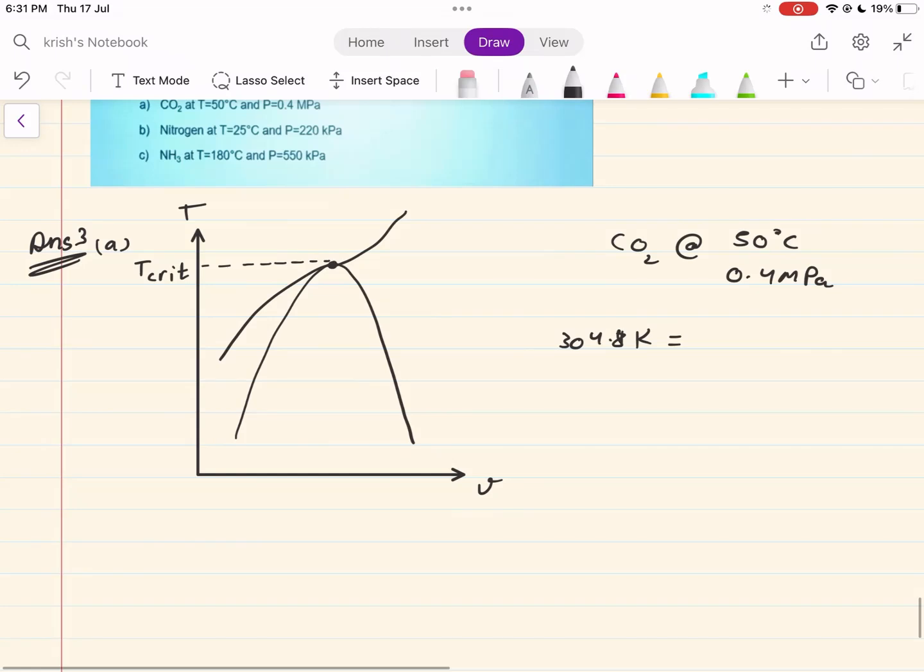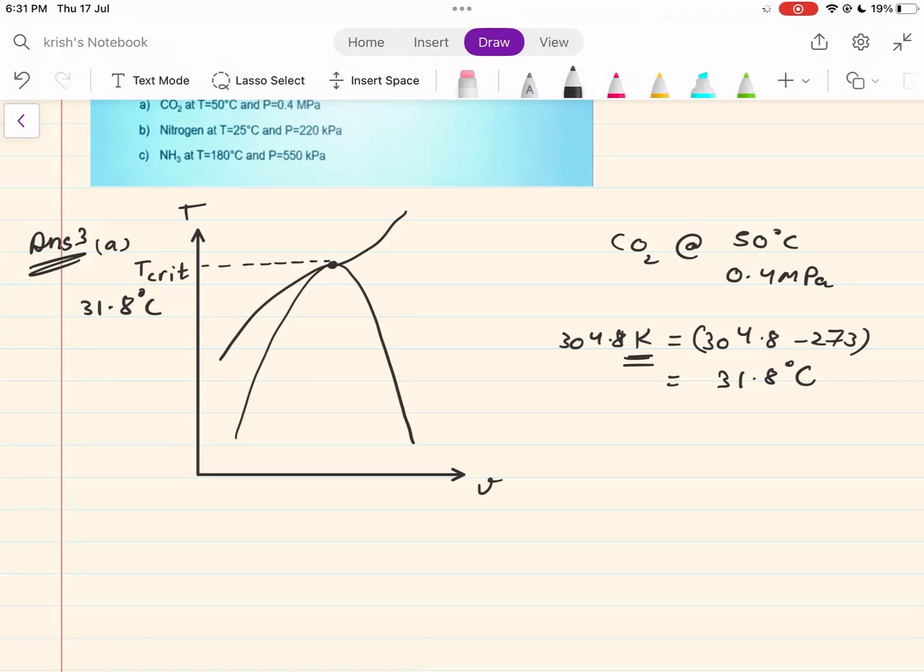So now from the table we will be able to get the value of T crit as 304.8 Kelvin equals 304.8 minus 273 equals 31.8 degrees Celsius. Please take note of the unit that is used in the tables, because in table A.4, or in fact in a lot of other tables, the units are often in kilojoule per kilogram, or in Kelvin.